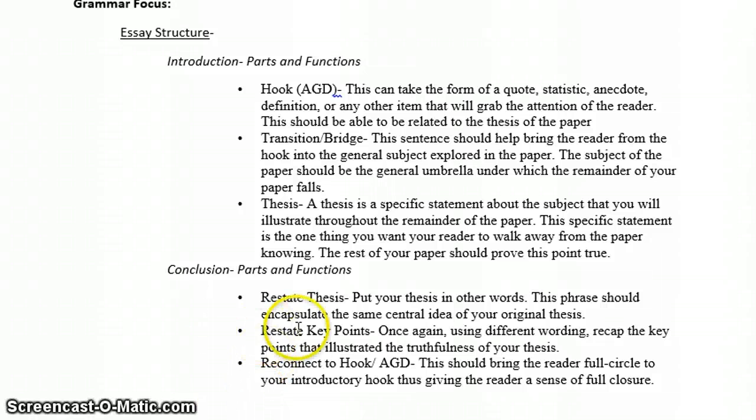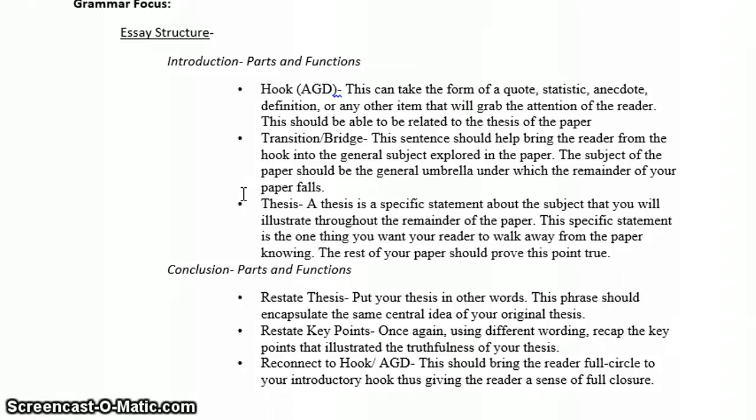We're then going to restate any key points. This is a possibility where you can bring to the reader's remembrance those points that are important for them to hold on to. I failed to mention this earlier in the introduction part, but if it's a sufficiently long paper, you may want to mention some of the key points that you're going to make throughout.